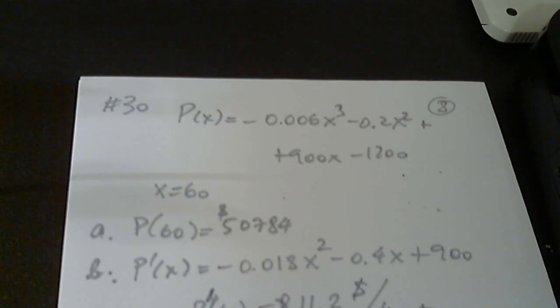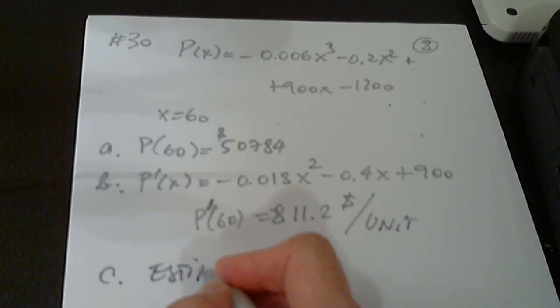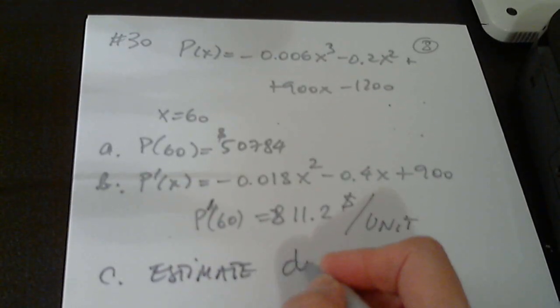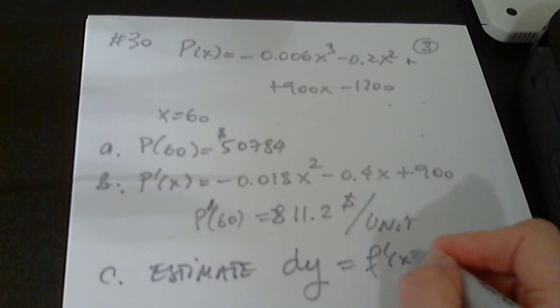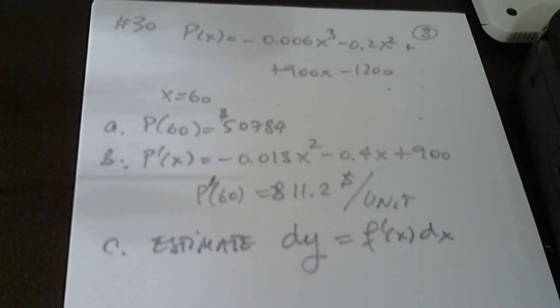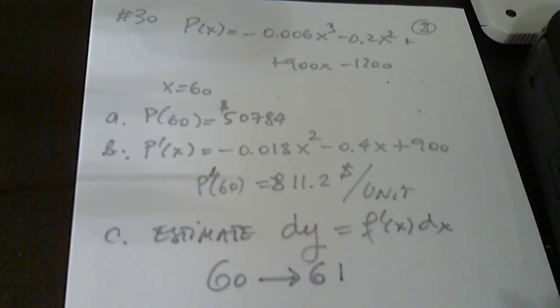And then use marginal profit to estimate the weekly profit if sales increase to 61. So the estimate is dy for the function. We know that this is f prime of x dx. We know that we go from 60 to 61.